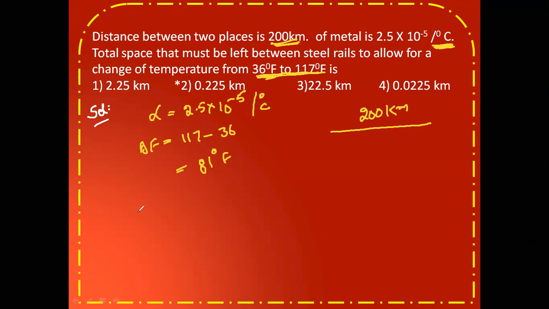So from thermometry, we have seen the relation delta F by 9 is equal to delta C by 5. So from this delta C is equal to delta F, 81 upon 9 multiplied with 5. So 9 5s are 45 degrees Celsius.